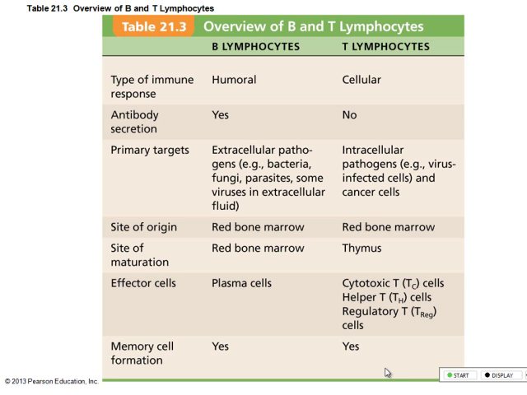T cells, on the other hand, is going to be the cellular part of the fight. T cells are going to help get rid of debris that are neutralized by antibodies. So do T cells make antibodies? No, but they're extremely important because they are going to direct everybody as to who to fight off.